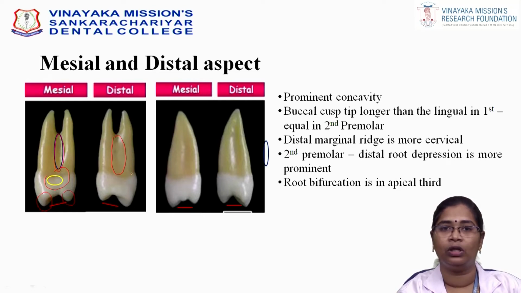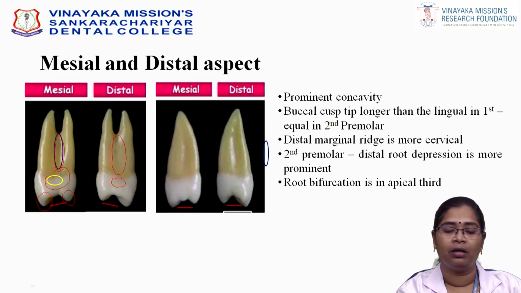The depression on the root is absent, and the canine fossa or the concavity seen on the cervical portion of the crown is also absent on the distal aspect. Why? The reason is the presence of the canine that erupts later than the maxillary first premolar in the maxillary arch.